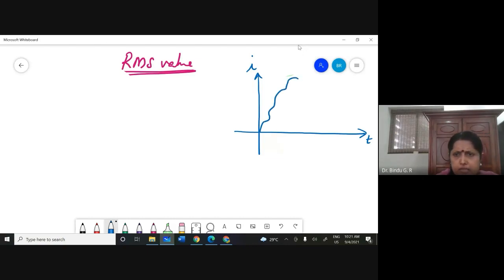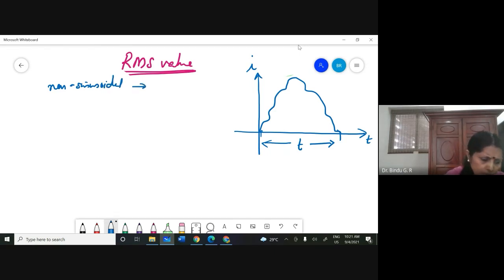This much is, say, time T. This is a non-sinusoidal current I flowing through a resistance R for a time T seconds. This is the waveform, half cycle.